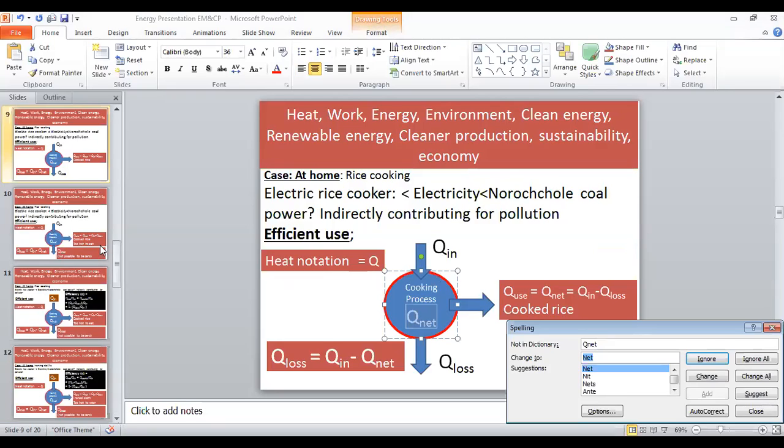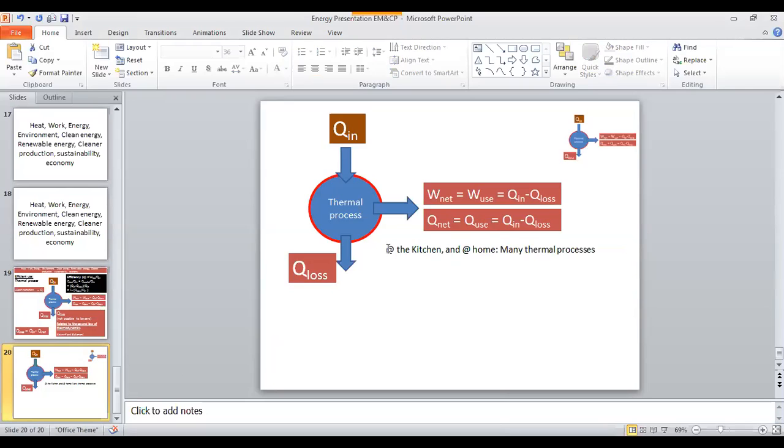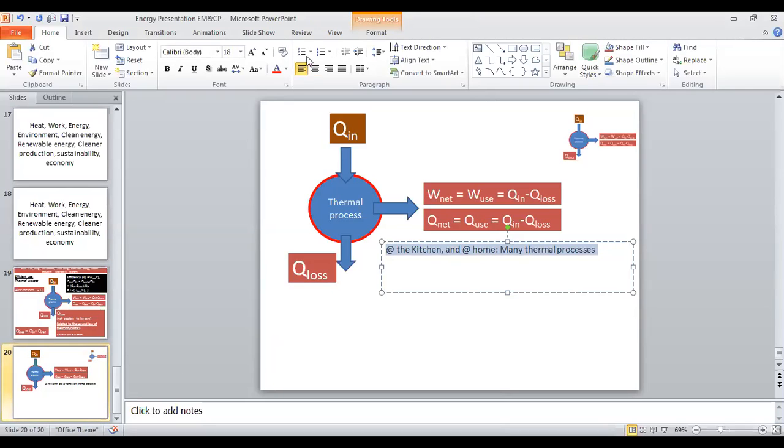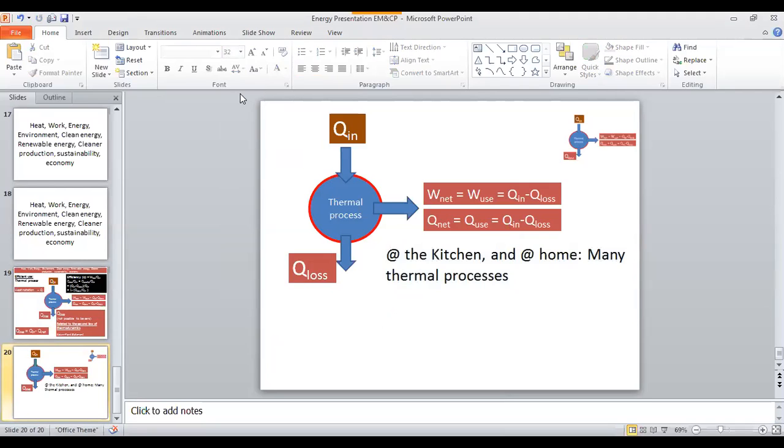At home, some more processes you can see. So when it comes to kitchens, how many kitchens?